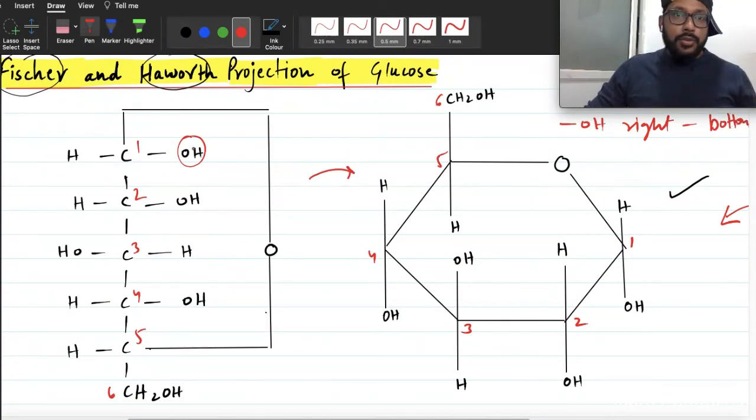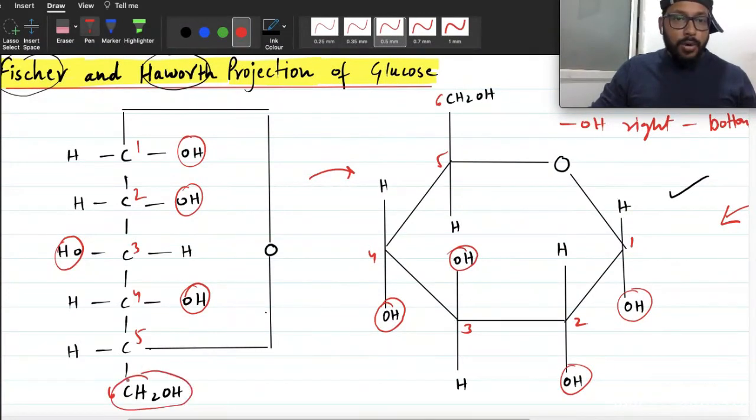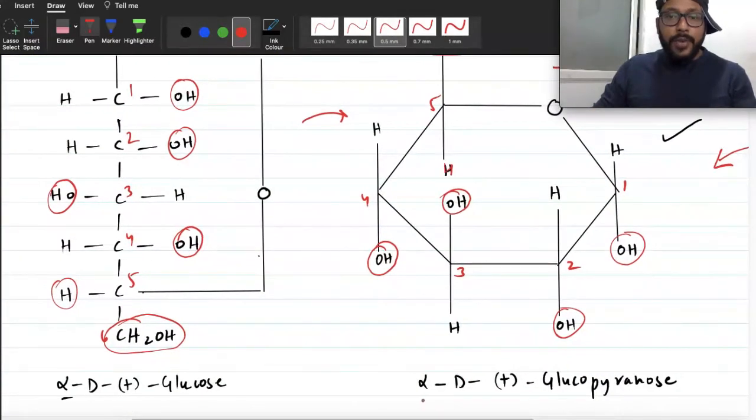Right means bottom, left means top. As you can see, right means again bottom, and at number 5, this CH2OH always represents the numbering 6 of carbon, and the 5th position is this carbon, and the hydrogen you can see here. So it is a very easy structure of alpha D positive glucopyranose.